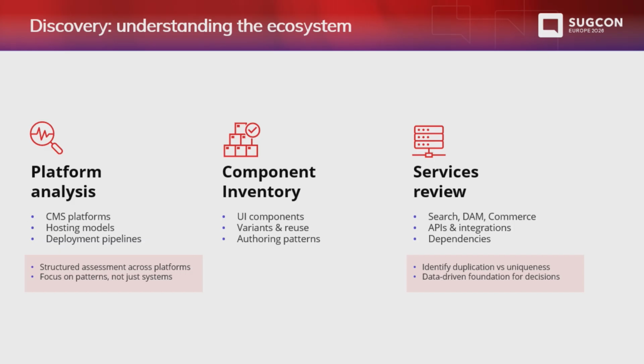And then we also did the component inventory, and we looked at it from two lenses. First, our UX designers would look at it from the lens of what these components are just from a UI perspective. Where are there similarities? Where are there places we can consolidate?